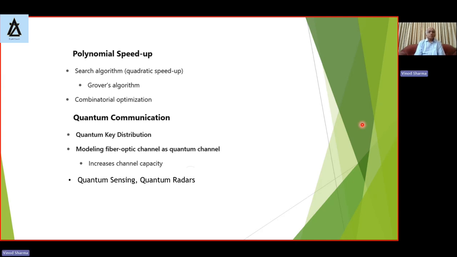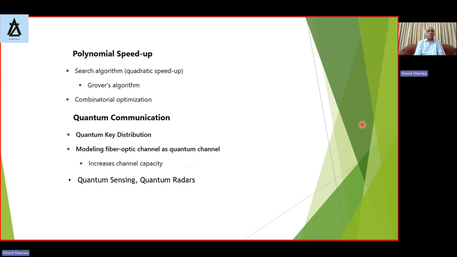In addition to these, quantum computers and quantum information processing are being used in many other important applications as well. For example, in quantum communication, there is quantum key distribution. We mentioned earlier that Shor's algorithm threatens today's cryptography algorithms like RSA, but quantum information processing also helps us in the same problem, for distribution of private keys to do cryptography.